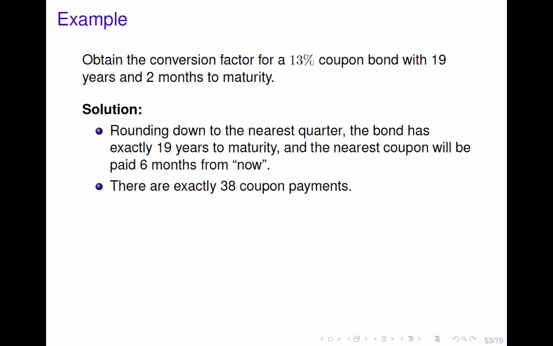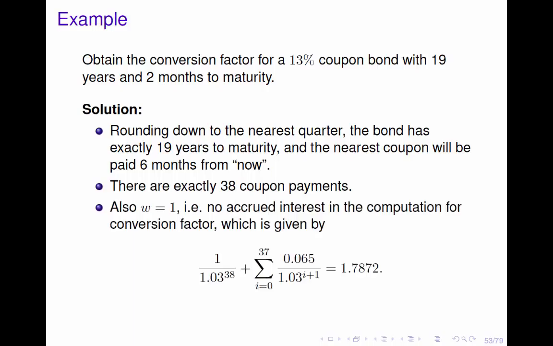Since the coupons are paid semi-annually, there are exactly 38 coupon payments. Therefore, in this particular case, W will be equal to 1, that is, no accrued interest in the computation for the conversion factor. More precisely, it is just the sum of the discounted face value and the discounted coupons.